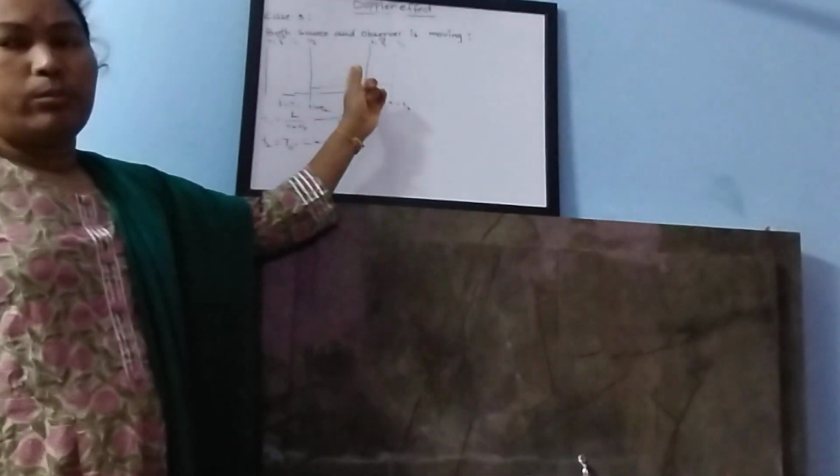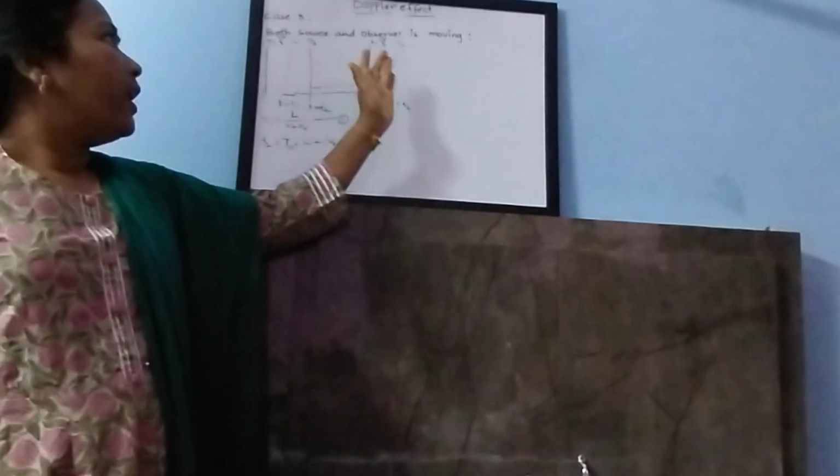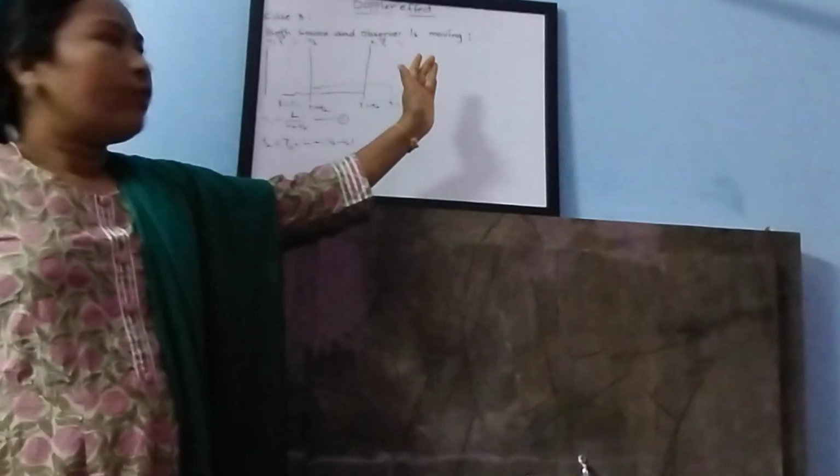Both are moving in the same direction. S2 is a bit ahead of the observer, so we consider the velocity of the source higher than the velocity of the observer, and take the resultant velocity Vs minus V0, divided by the resultant velocity of the crest reaching the observer, V plus V0.